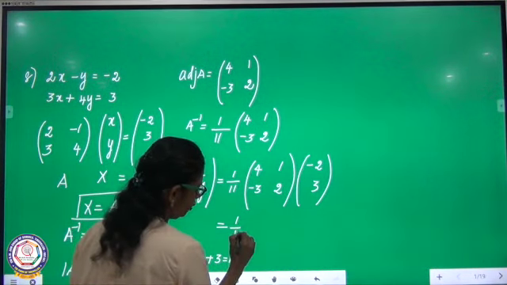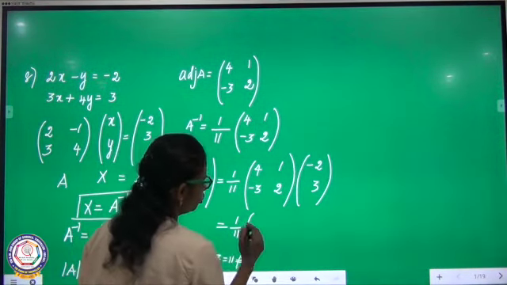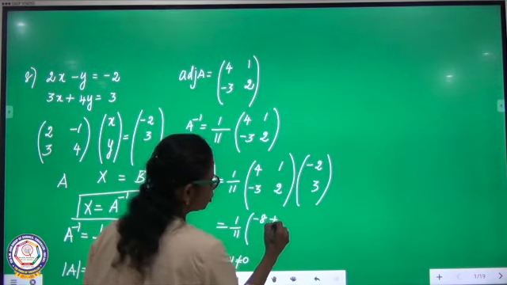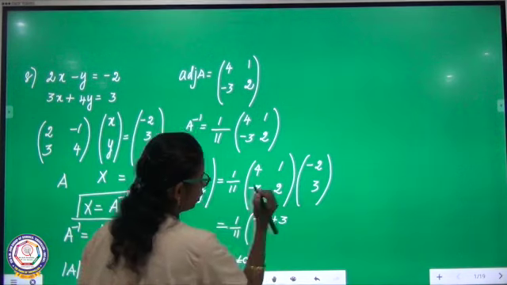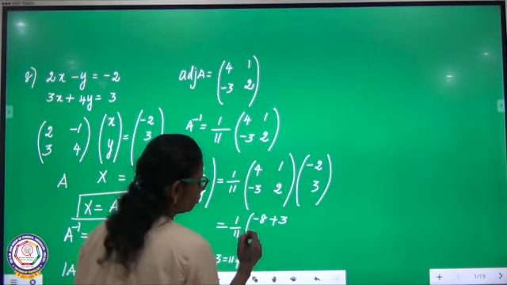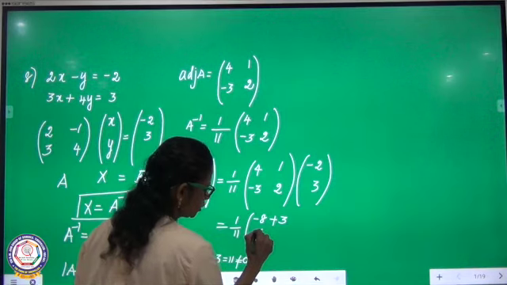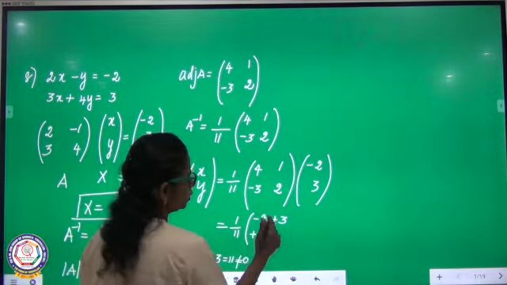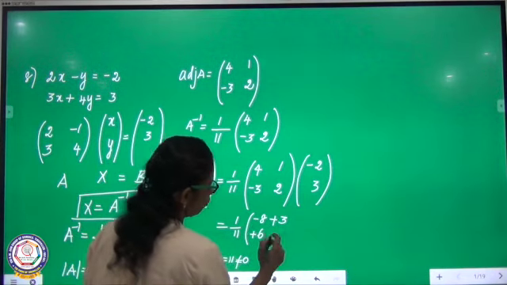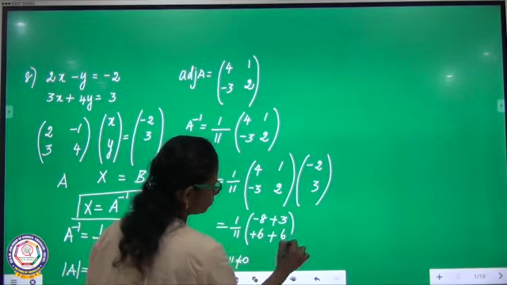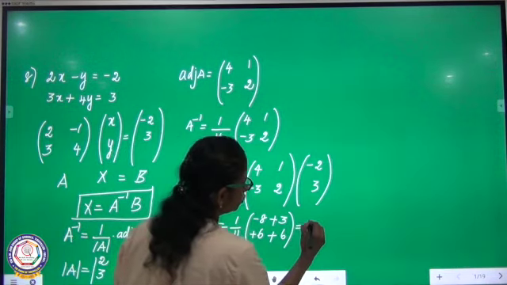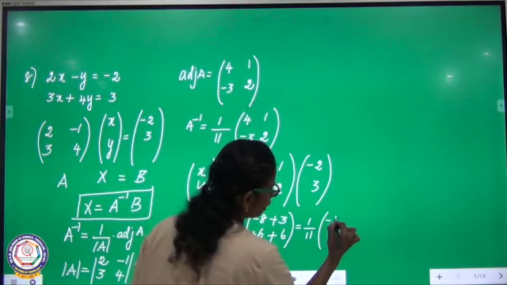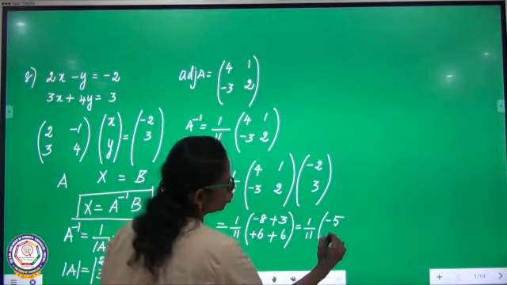1 by 11, 4 into minus 2, minus 8, plus 1 into 3, 3. Minus 3 into minus 2, plus 6, plus 2 into 3, plus 6. Then what you will get? Which is equal to 1 by 11 into minus 5, 12.